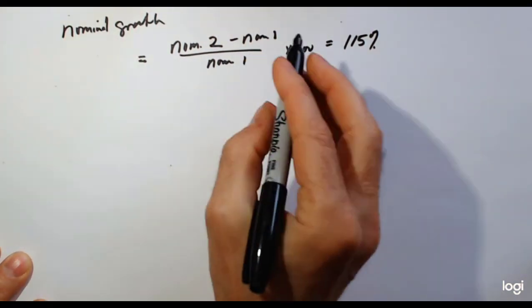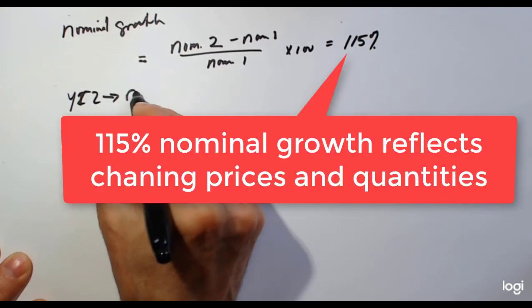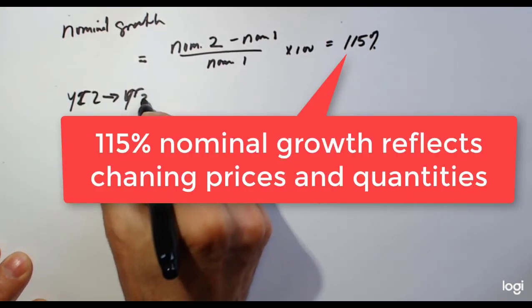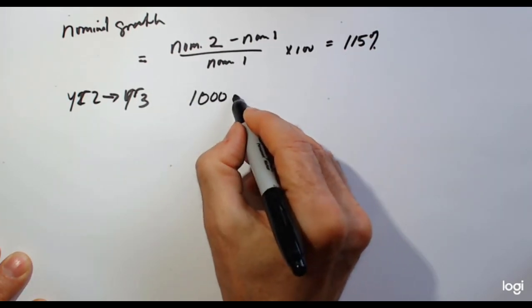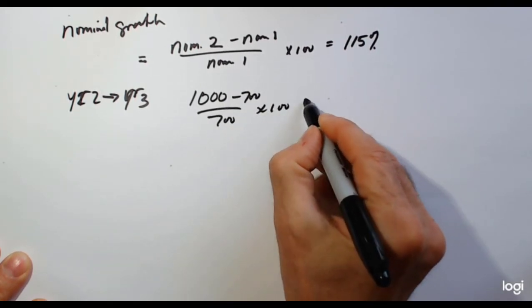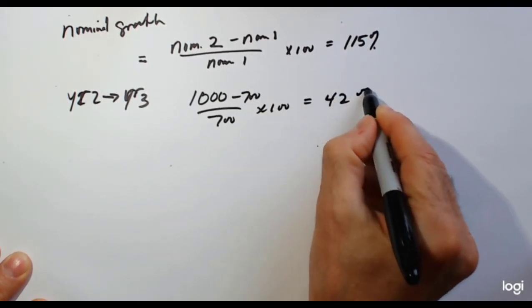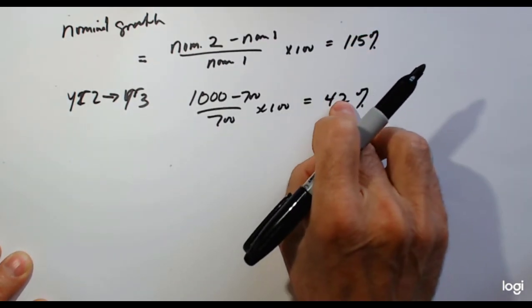And from year 2 to year 3, it would be 1,000 minus 700 divided by 700 times 100, which will equal 42% nominal growth. So there's our growth rates.